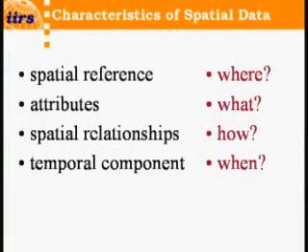And then you can say there is the spatial reference, attribute, spatial relationship, and temporal component. So it is nothing but where, what, how, and when. If you talk about a particular object, where is that object located, what is that object, how is it related to other objects, and when is it going to change.